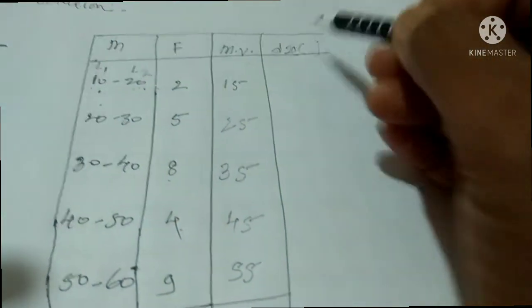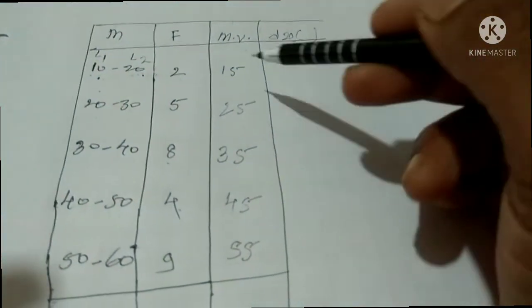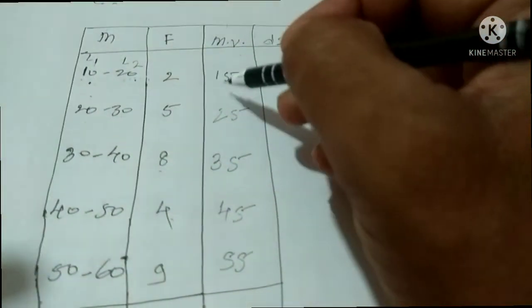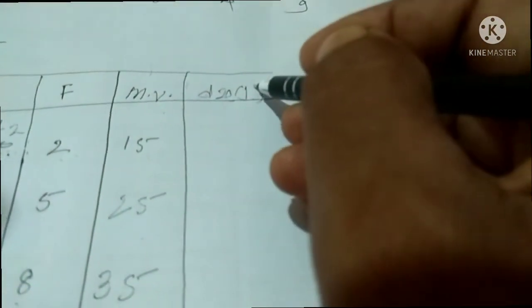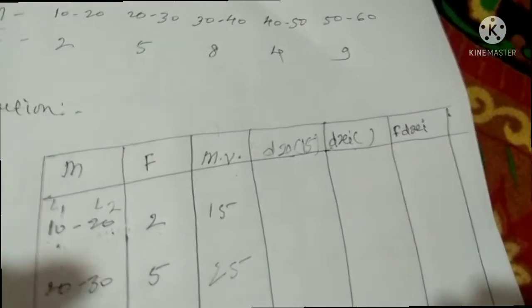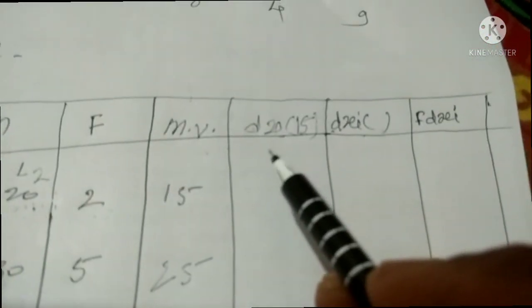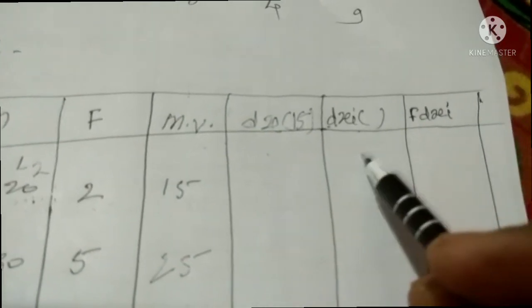Take any figure from this series. So I take 15, a small figure. Now I have drawn here some columns: DX, DXI and FDXI.